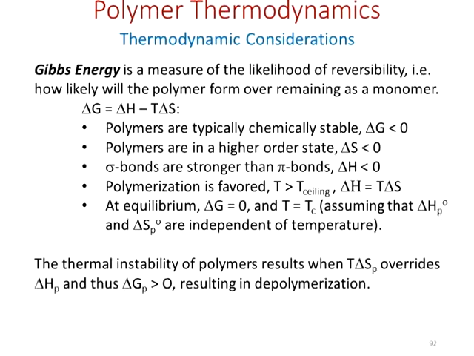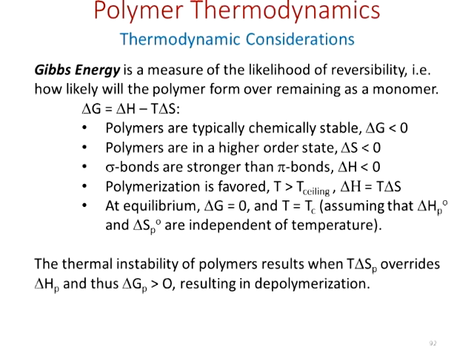In other words, how likely will the polymer form over remaining, or going back to, the monomer? So the Gibbs energy allows you to measure or quantitate the probability that you will form polymer over staying as a monomer or reverting back to the monomer.